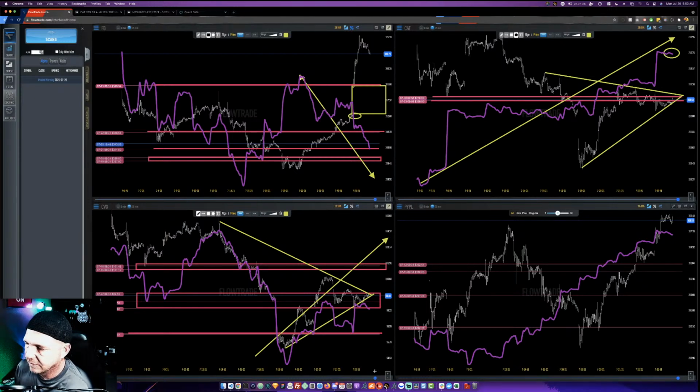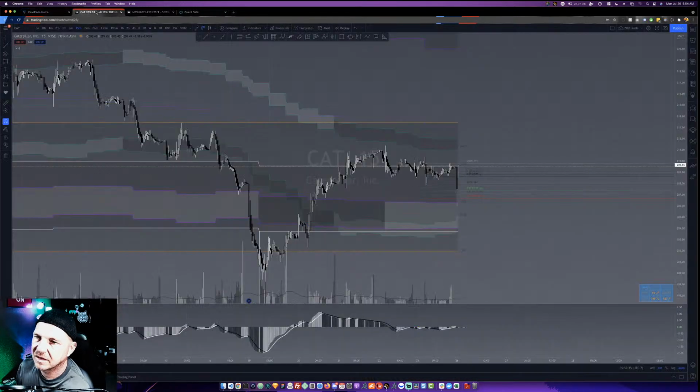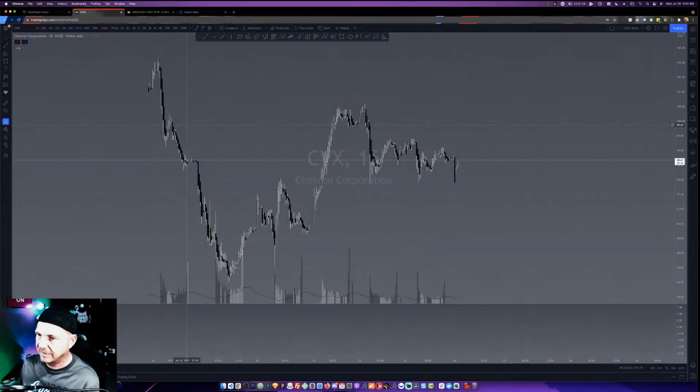Like I said, for me to really be interested in CVX, it'd have to break 101.50, and then I'd go long with it. Short below 98, down to 95, right? 95 down. All right, so that's CVX. Looking at CVX.